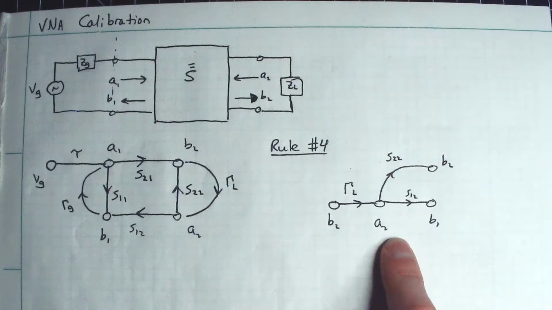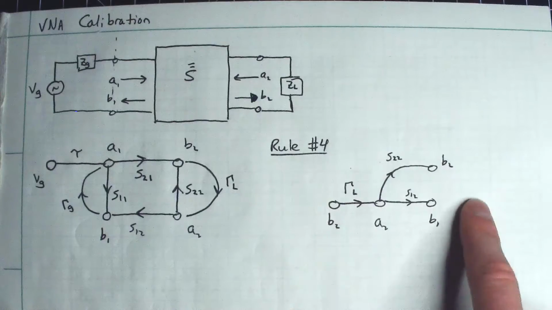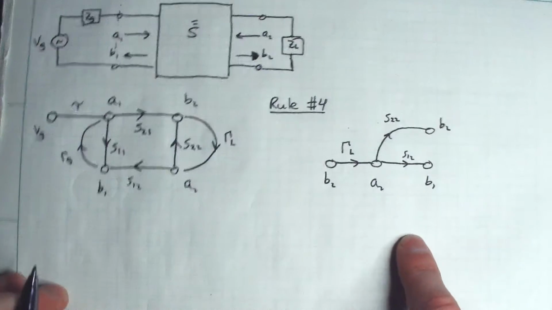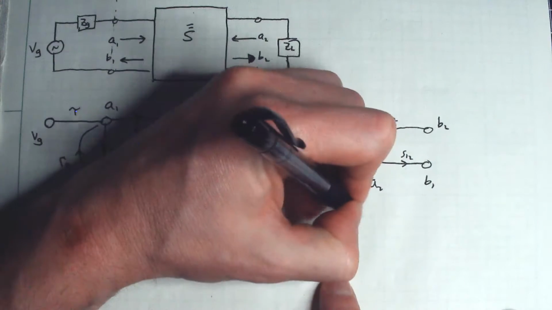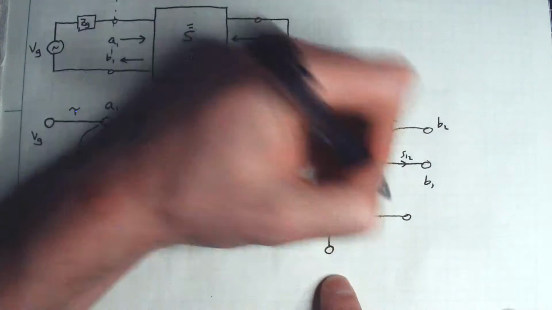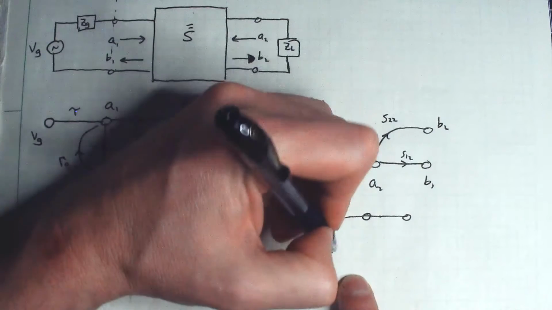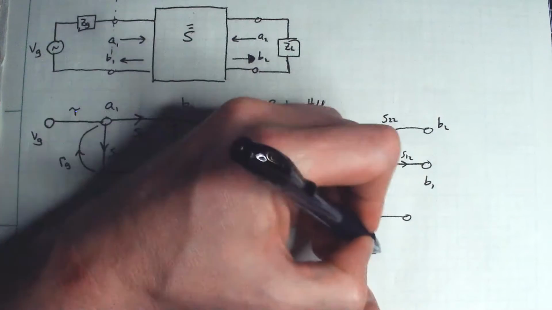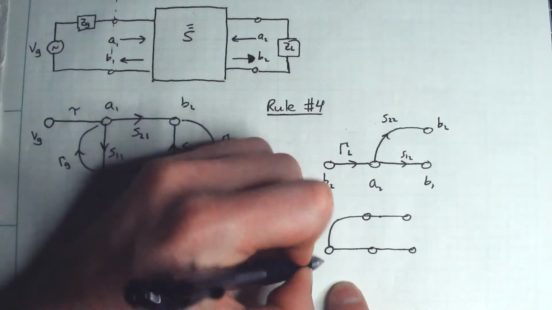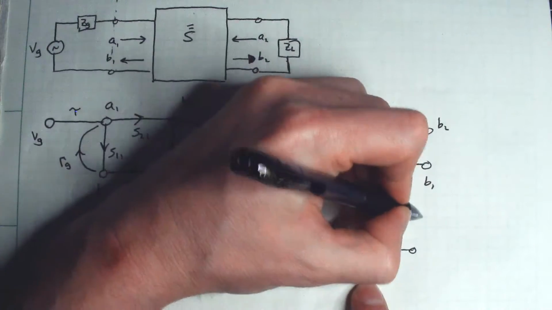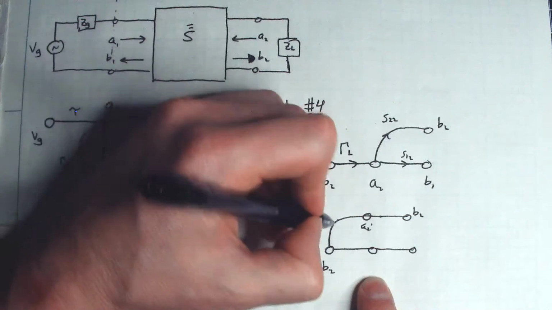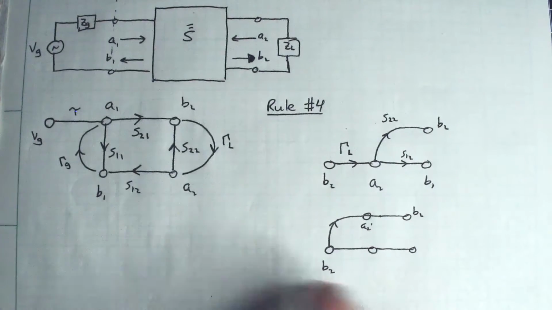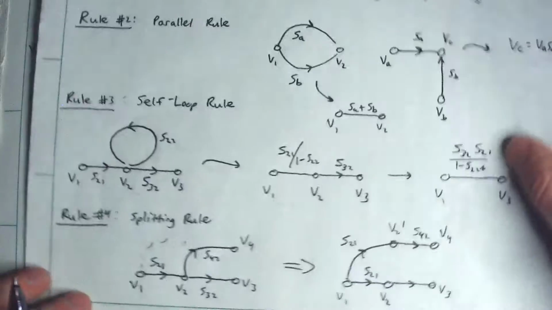So remember, rule number 4 says I can redraw this little network as the following. So let's draw this like so. So there is actually a little intermediate node here. So here is A2 and B1. So I'm going to have B2, B2. I can call this A2 prime over here. And then this interaction. So this is the node we drew.